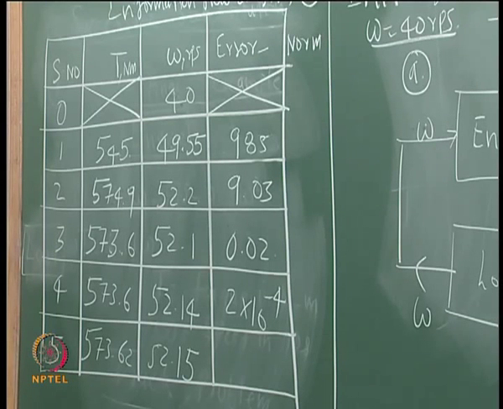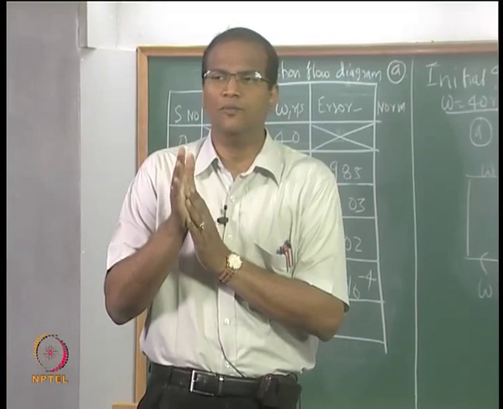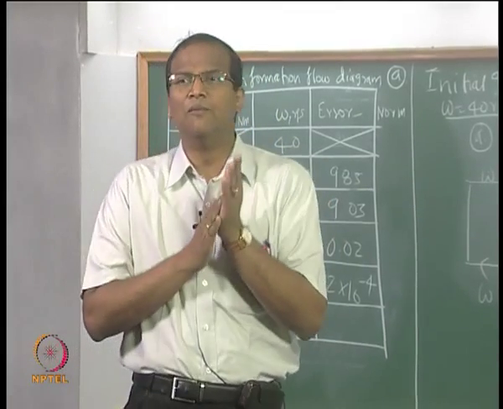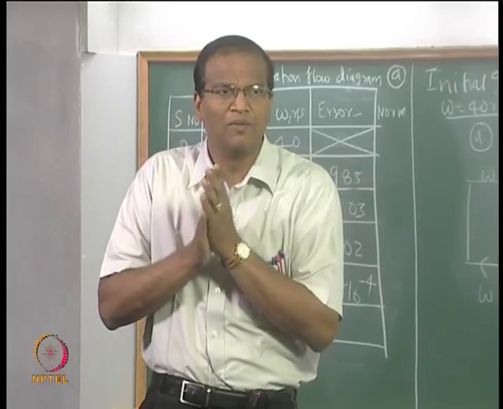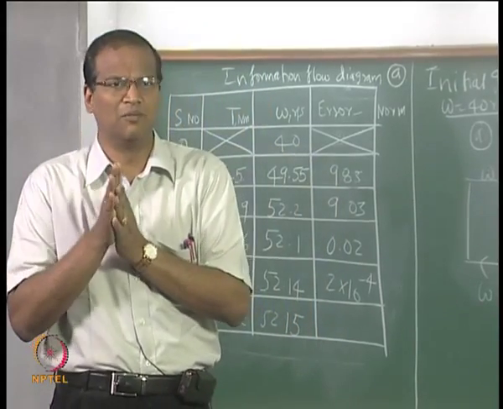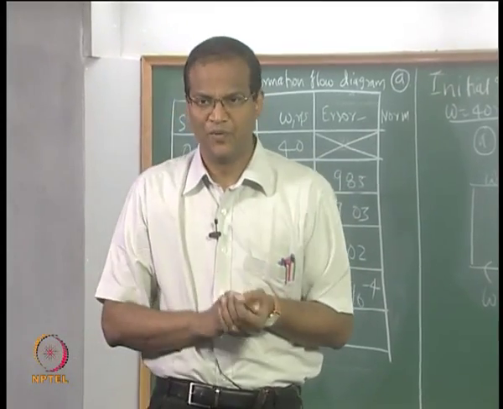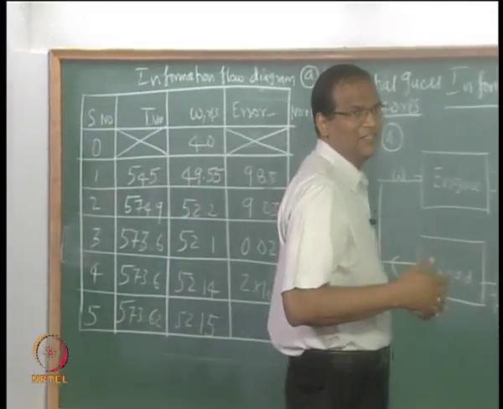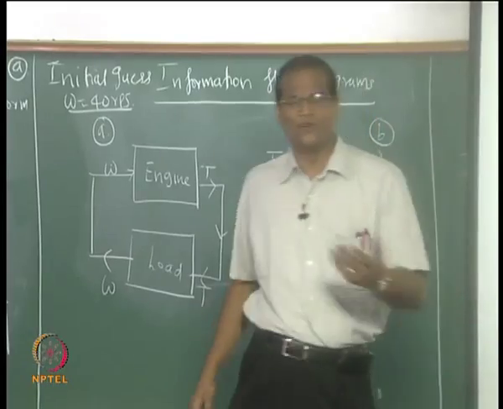Successive substitution got you to the answer of 52.15 multiplied by 60, it is about 3100 rpm, but nobody will go up a hill with a truck at 3000 rpm, okay. This is something which you have to avoid. We will go in a lower gear, generally you do not exceed 2005 rpm.